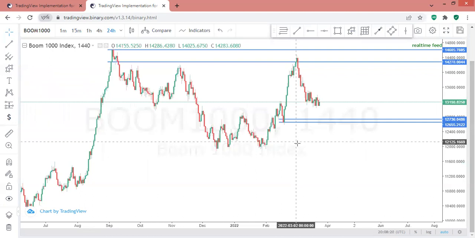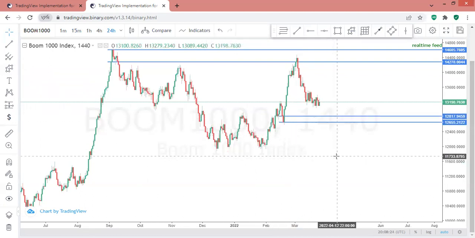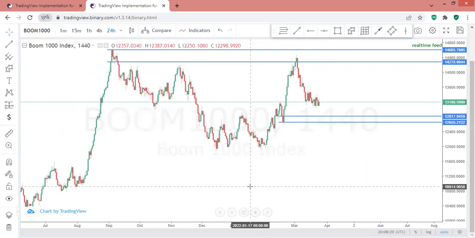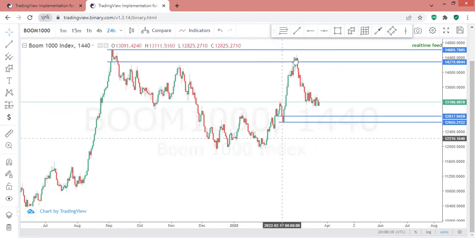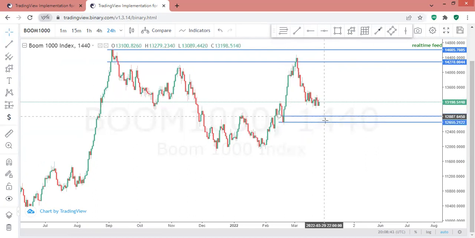I've marked this Boom 1000 for more than a week now. This is where I'm looking for my buying opportunity. I'm actually looking to buy because this is a clear break of structure and price is coming back into a demand zone. And this is why it is a demand zone. Look at the strong push to the upside, meaning there are buyers at this zone.